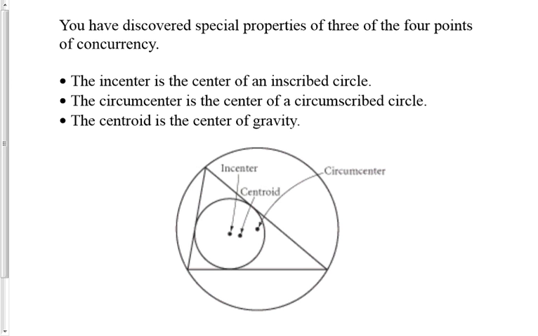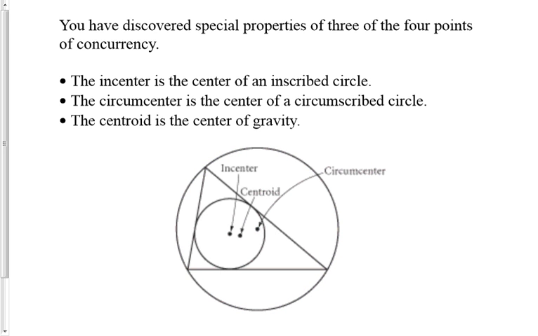You can see in this diagram below that it's showing you each of those points of concurrency. We have the circumcenter, which is right here, and it's the center of the circumscribed circle, the circle that goes around the outside of the triangle. It touches each vertex one time.